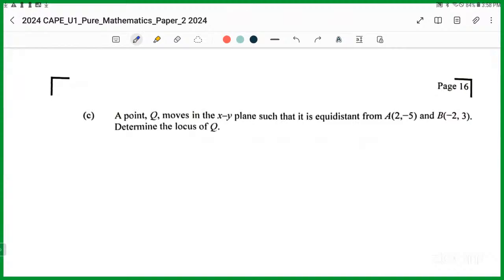About to finish? About to finish? This one is on 2022.